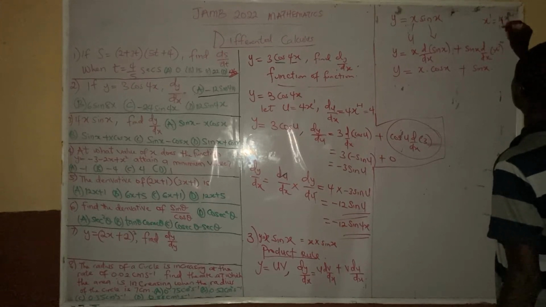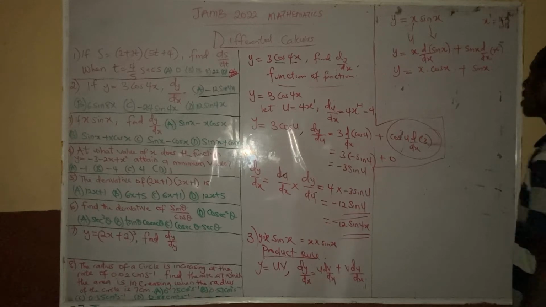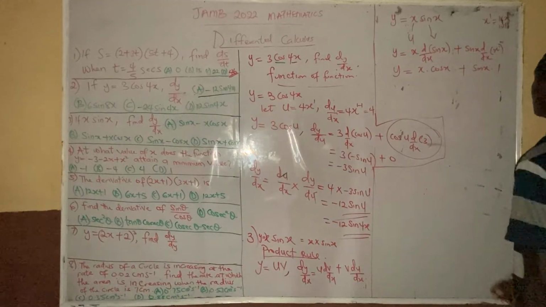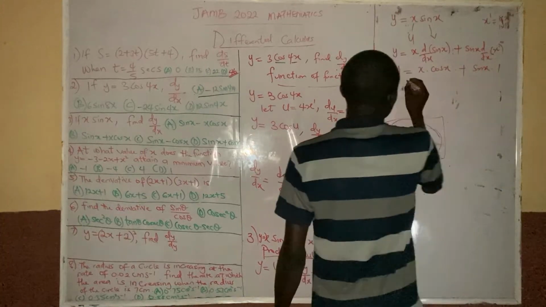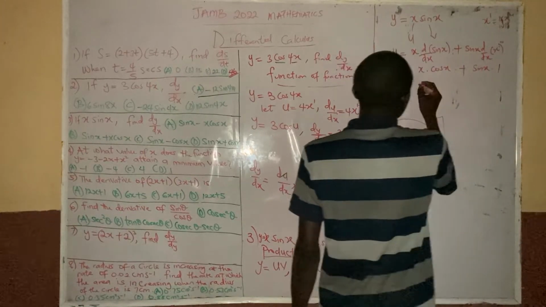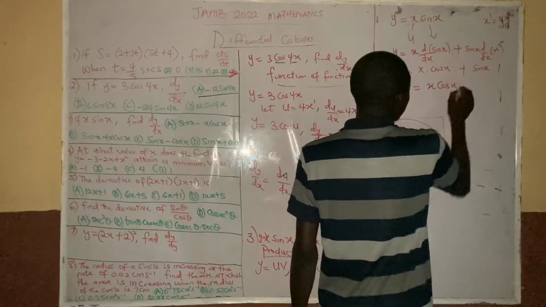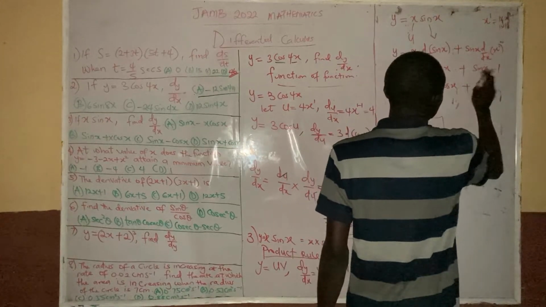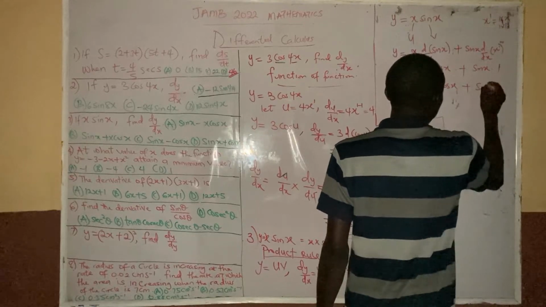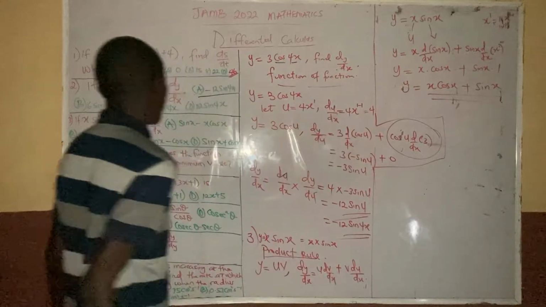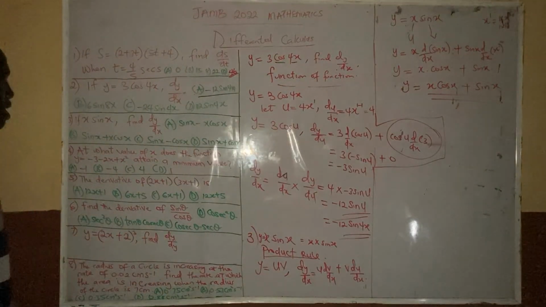So it means 1 times 1, because x to the power 0 is equal to 1. So your final answer here will be x cos x plus sine x times 1, that is x cos x plus sine x. That is the final answer.